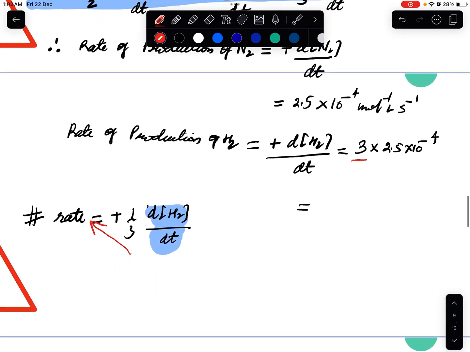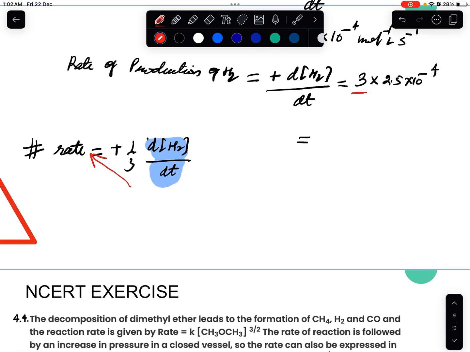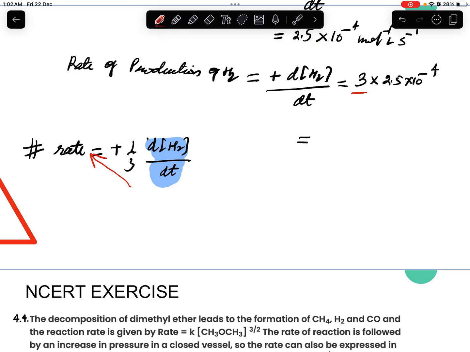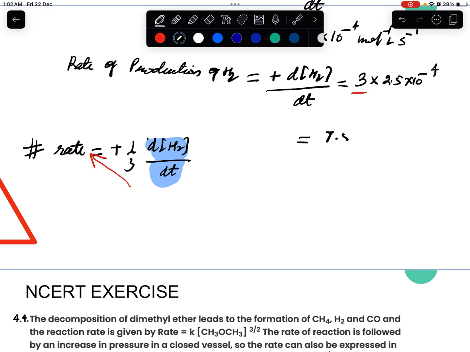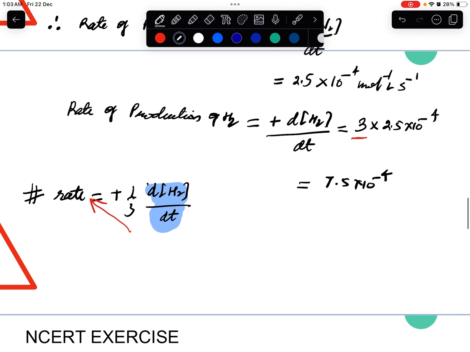When we multiply, we get the answer 7.5 × 10^-4, and the unit will be mol per liter per second. So this is our answer, the rate of production of hydrogen and the rate of production of nitrogen.